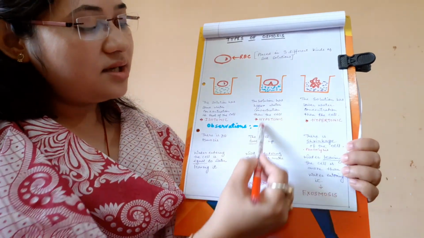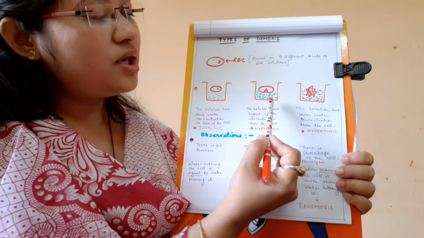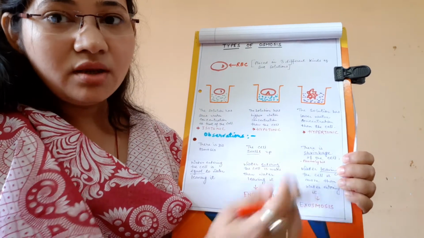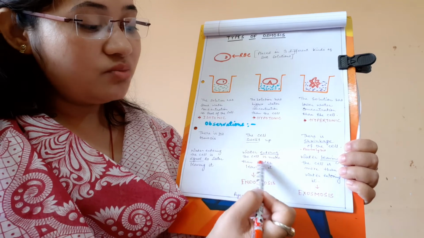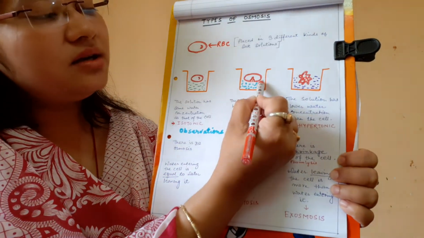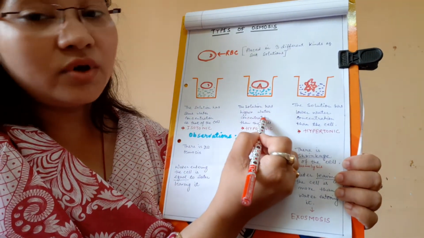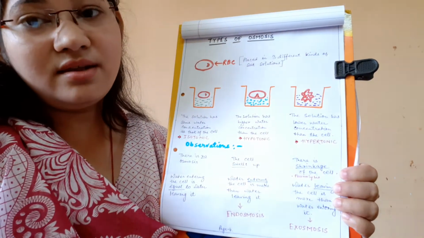But in this case, the cell after some time swells up and in some cases it may burst open. Why did it happen? Because water entering the cell is more than water leaving the cell. Because the external medium is hypotonic, it has higher concentration of water. That is why water tends to move inside the cell.